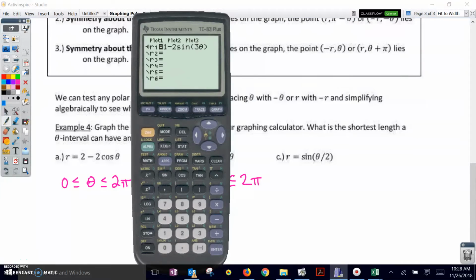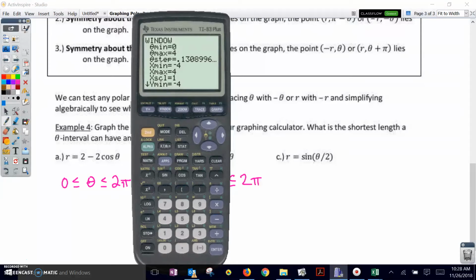And the last one here, sine of theta over 2. Let's try it from 0 to pi since I already have that in as my window. See what it gives me. There's what it gives me for 0 to pi. For 0 to 2 pi, it gives me this graph, which looks like it might be the whole graph.